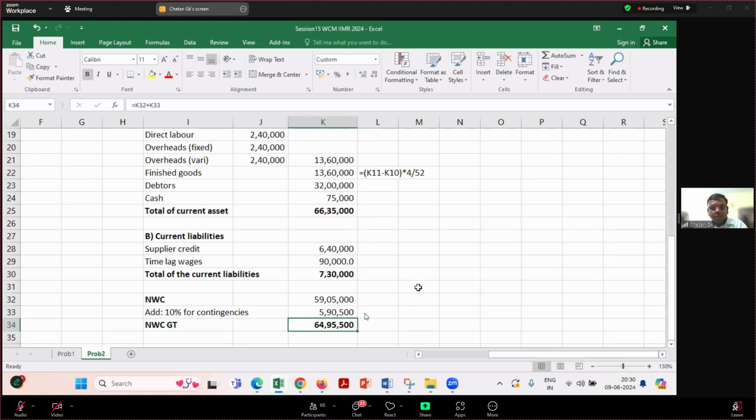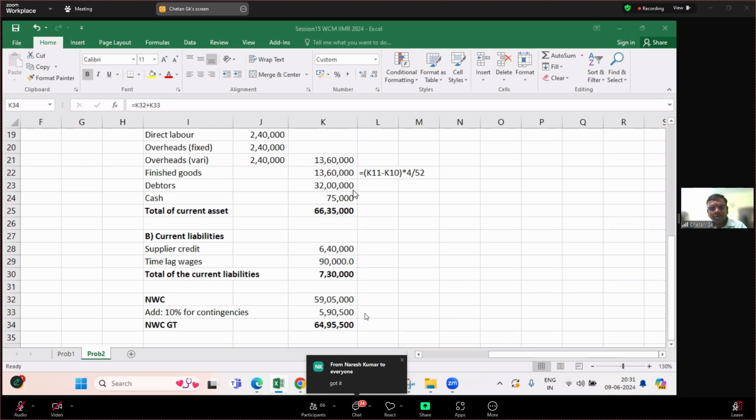So 64.95. How many of you got that? Sachin Verma has got 56.37. So majority of our answers are matching, right? Mine is also, actually what I did was that the direct labor 2,40,000 which you have calculated, I did 1.5 by 52 over there.